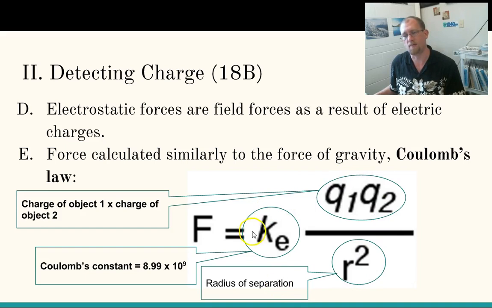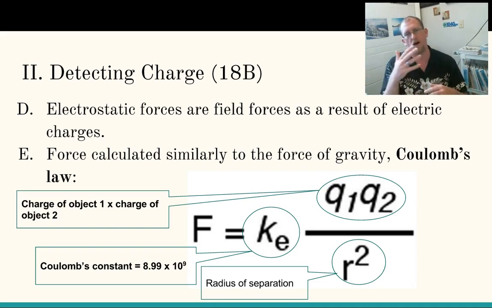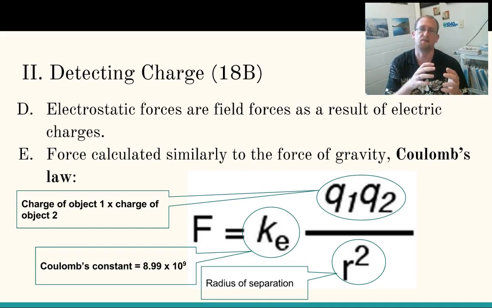And if you do this math, you will calculate the force between two objects. Now, are they attracting with that amount of force or repelling by that amount of force? Depends on their signs. Are they positive and negative, or positive and positive, or negative and negative? And we already talked about the laws of charges earlier in this lecture. Okay, so the only number that you have to remember here, and you don't even have to remember it, I'll always provide it for you, is Coulomb's constant, 8.99 times 10 to the 9th.